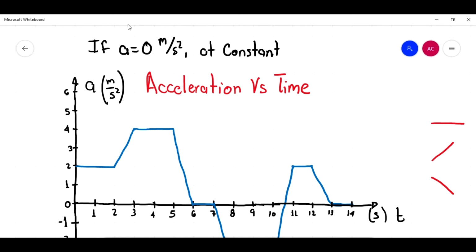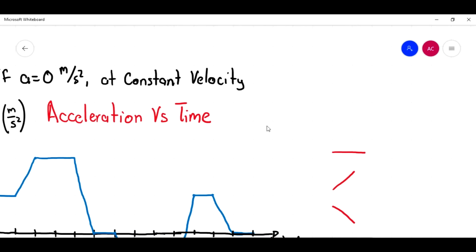Constant velocity. That velocity could be a positive velocity, could be 2 meters per second. Could be 0 meters per second and it's going to remain with that velocity, or it could be minus 3 meters per second and remain with that velocity.